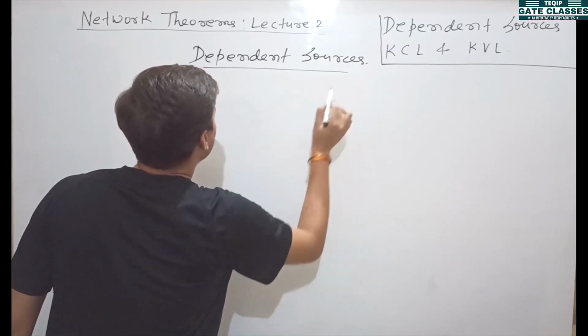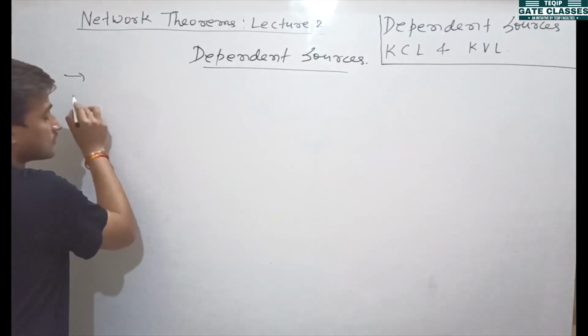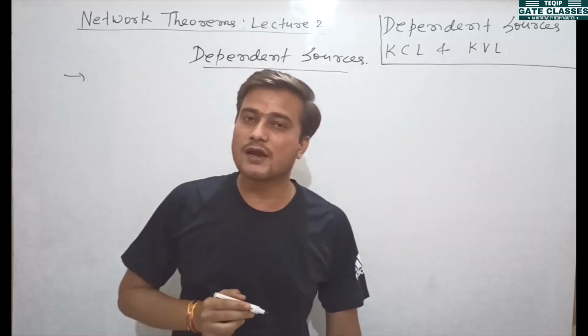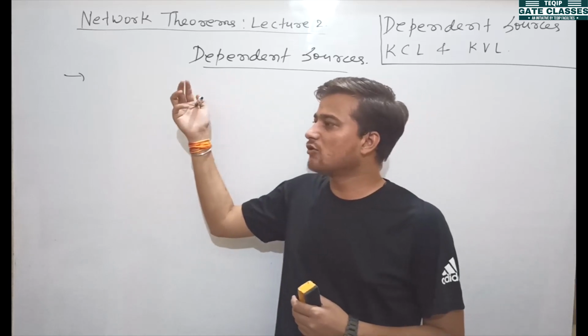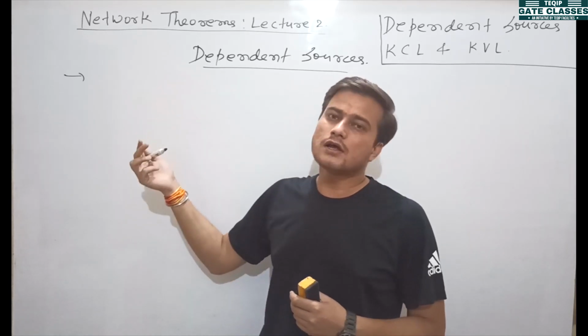First, let us see what is the meaning of dependent source. Dependent sources, that means maybe there will be a voltage source or current source.